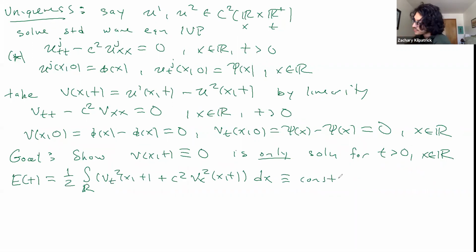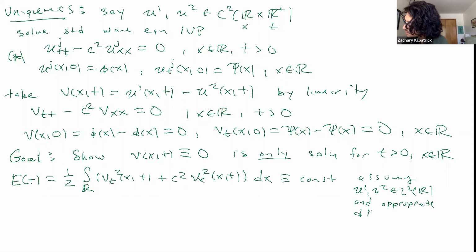Based on the result that I've shown already, I know that this is constant, assuming, well, I have to assume that u1 and u2 are L2 integrable, and I have to assume appropriate differentiability and boundedness, all of the conditions that I wrote down before.